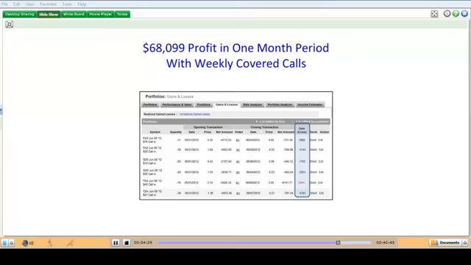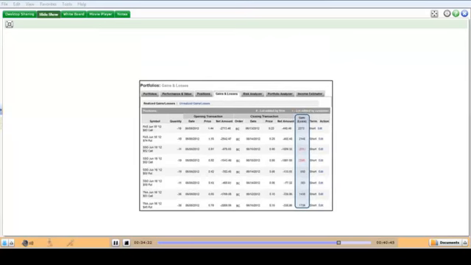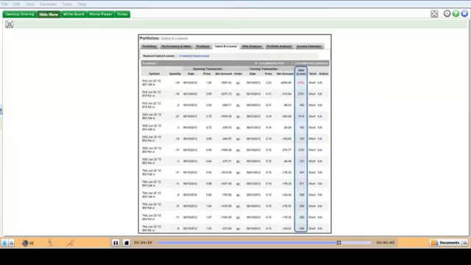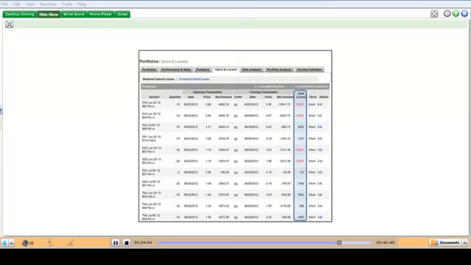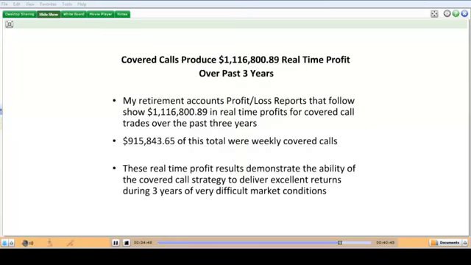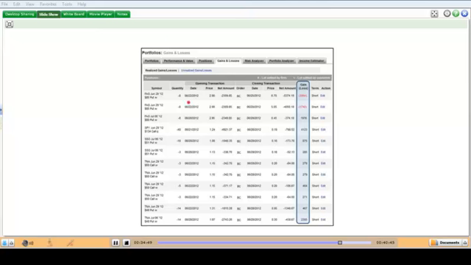These brokerage profit and loss statements show the profit for each one of these trades, and it totaled $68,000 for that particular month, and about 80% of my trades were profitable.